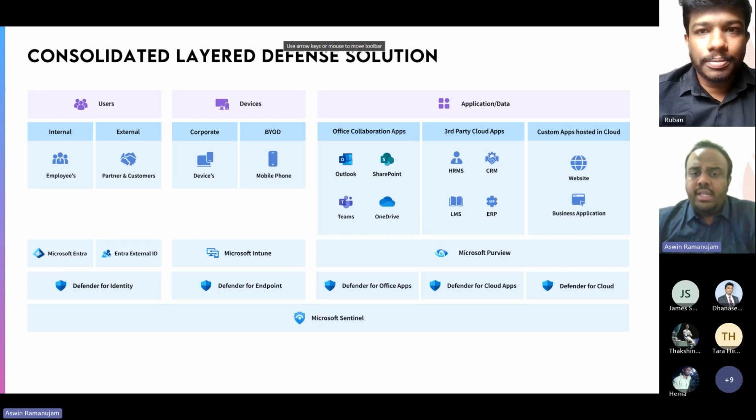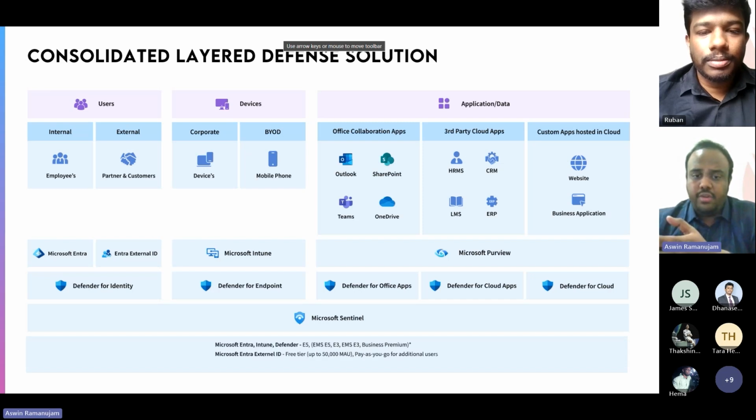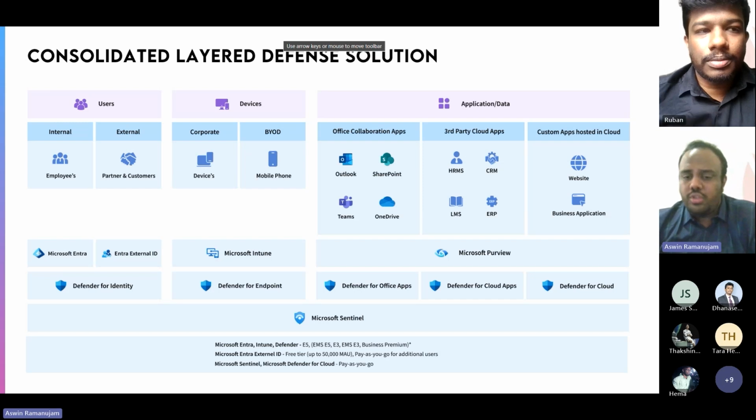That gives them the advantage of using AI in the defense mechanisms as well. And one more advantage of having the consolidated experience is adopting the licenses. If you have any of these licenses, like E5, EMS E5, or E3, or EMS E3, most of these license suites come with these products. So you can get the complete advantage.